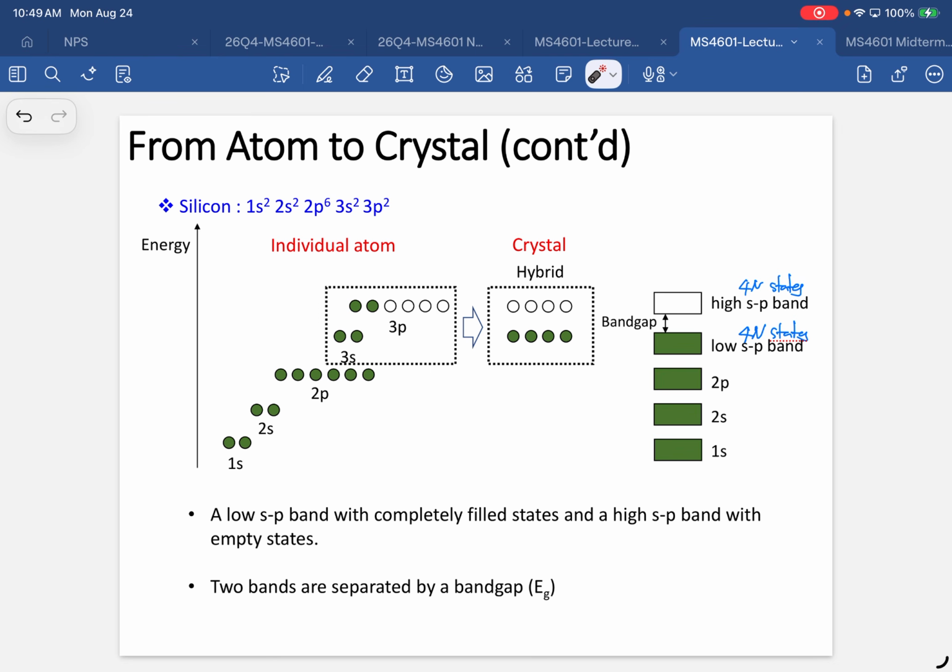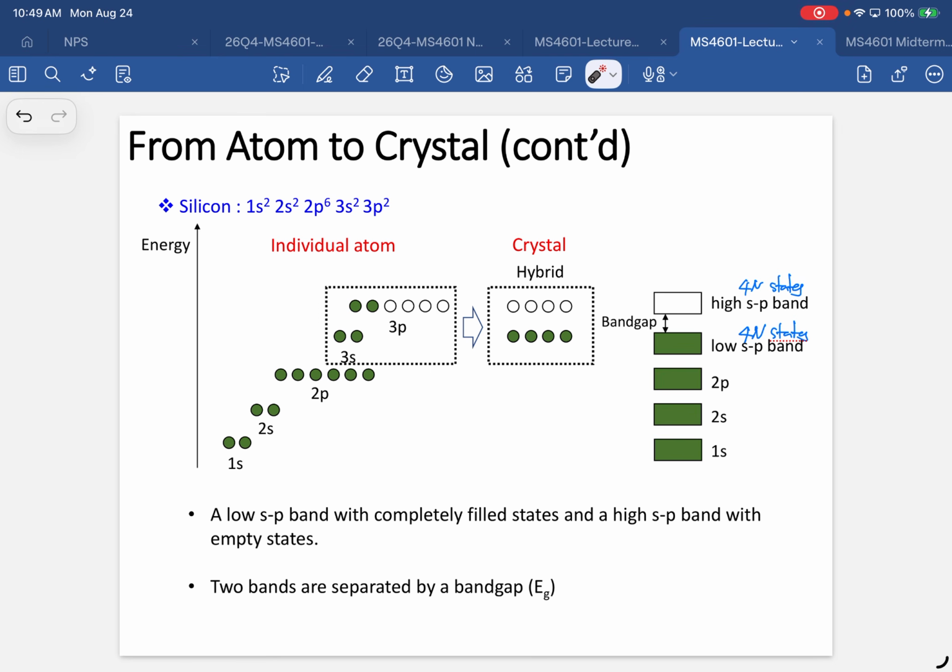So the individual atom picture and the crystal picture are very different. In the individual atom, the electrons fill 3p, but for the crystal, because of hybridization, all those electrons fill the lower sp band.